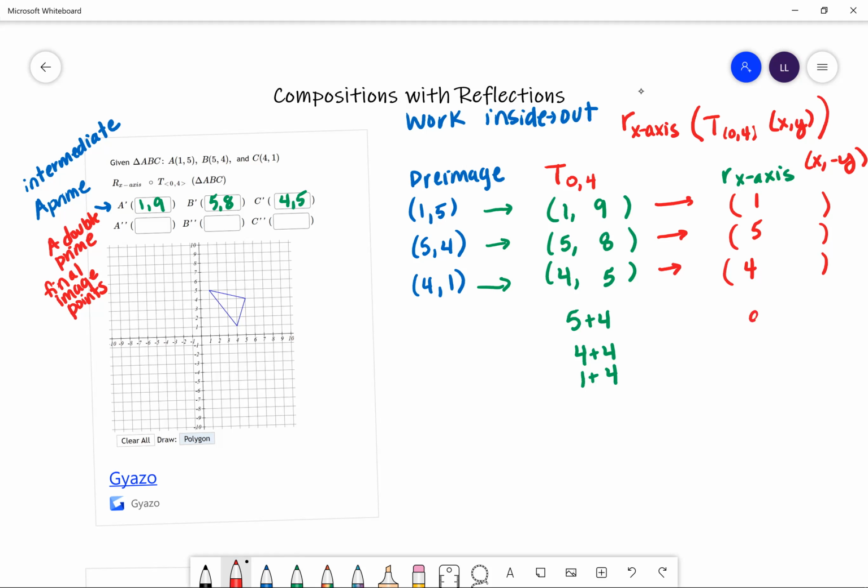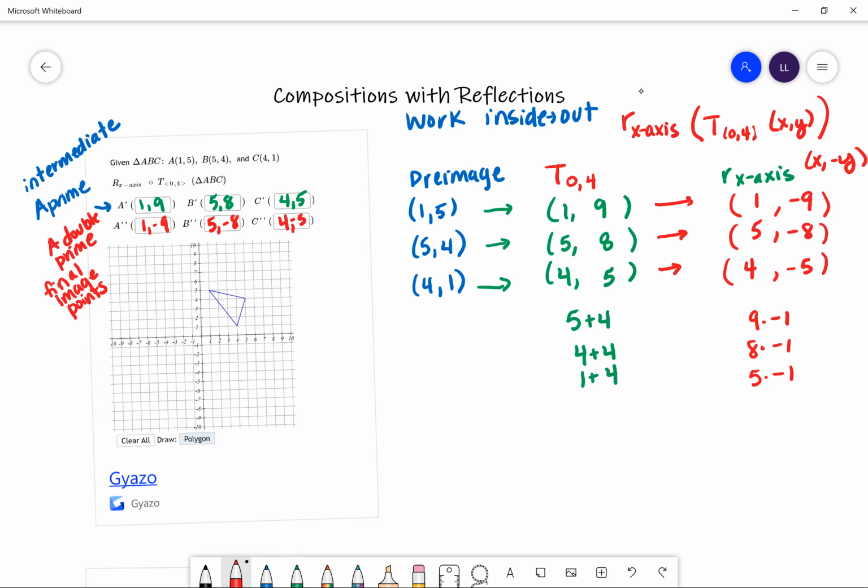So 9 times -1, 8 times -1, and 5 times -1. So that's -9, -8, and -5. Okay, so those are my final image points: (1, -9), (5, -8), and (4, -5).